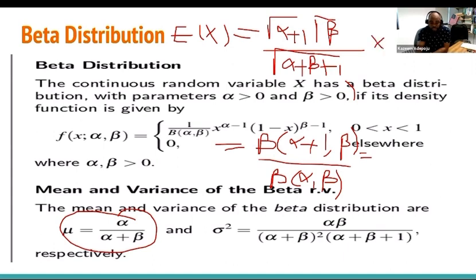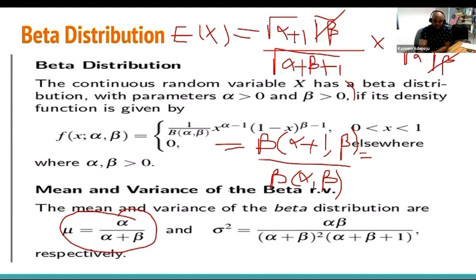If I change the division to multiplication, it's gamma(alpha plus beta) divided by gamma(alpha) gamma(beta), so the gamma(beta) cancels.